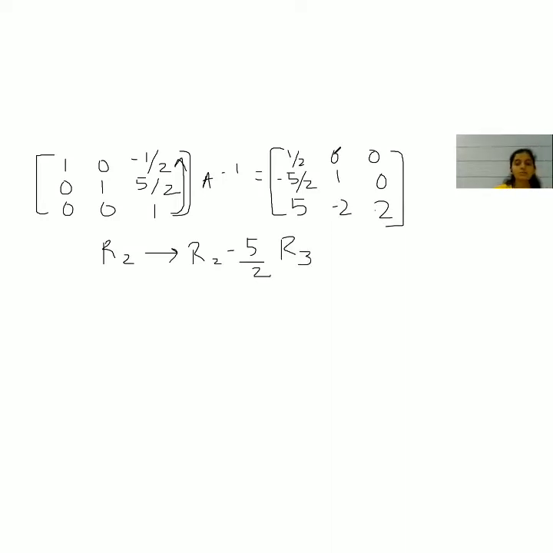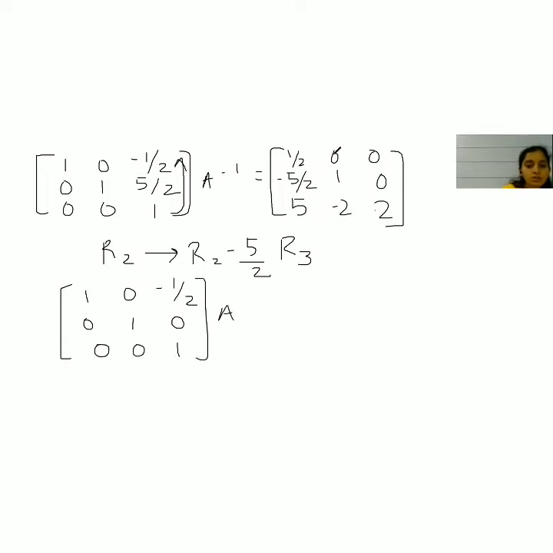When you multiply it with anything else, it will take the number itself. So we'll have 1, 0 and minus half, 0, 1. R2 is changing. So 0 minus 5 by 2 into 0 is 0, 1 minus 0 is 0, and the last element 5 by 2 minus 5 by 2 is 0. And the third row remains as it is.